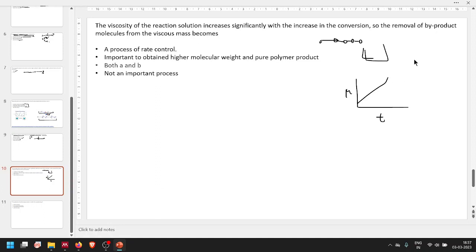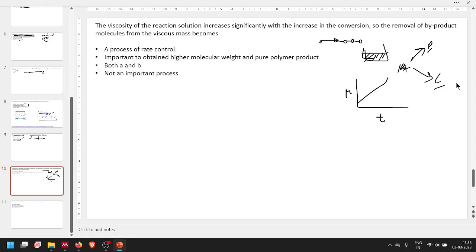So if we have competing reactions and we have a byproduct, for example C, and the main product is the polymer P, we can see that the removal of the byproduct molecules from the viscous mass, which is being formed, becomes a process of rate control.